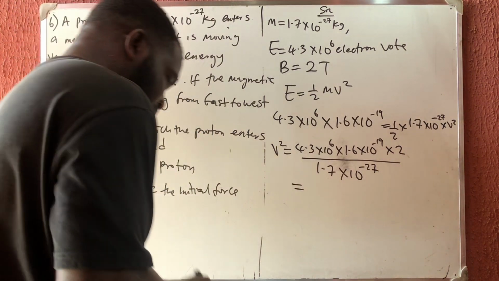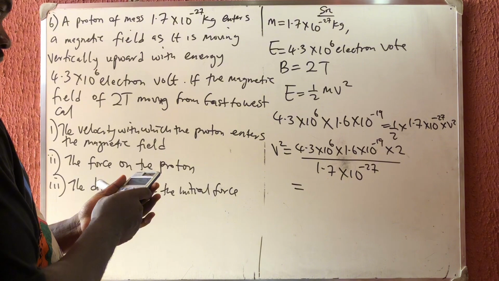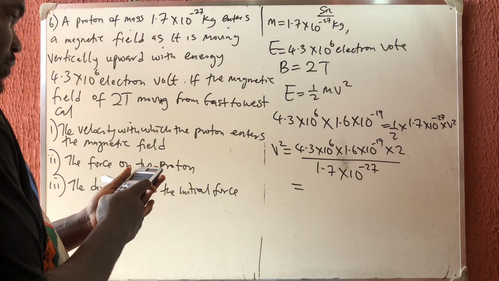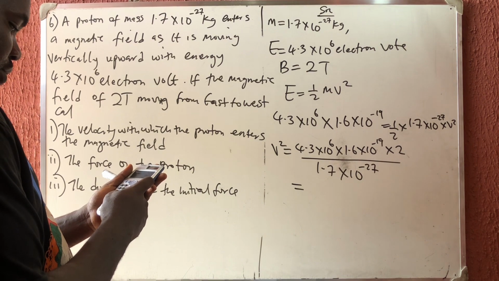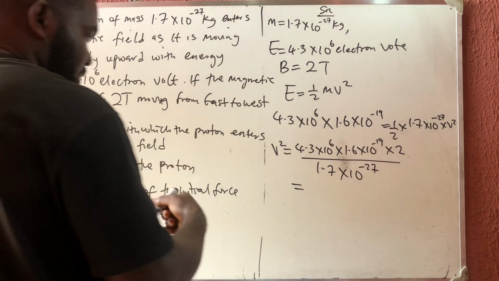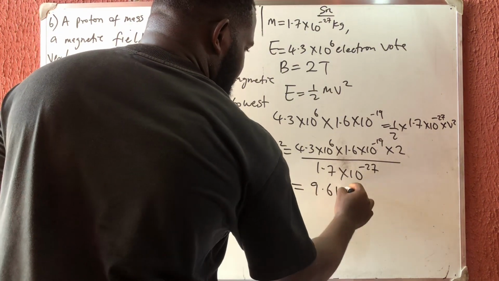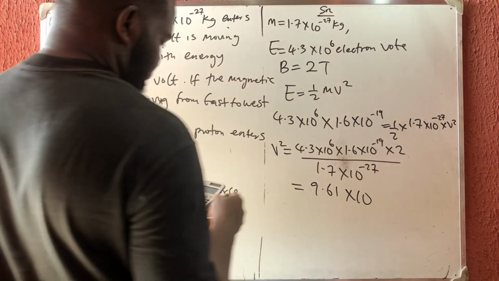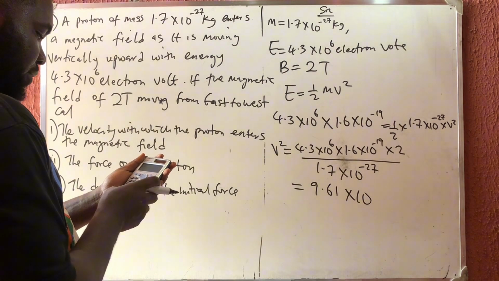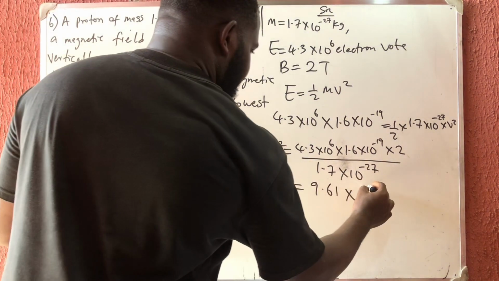So if you do that, I'm going to have 4.3 times 1.6 times 2, then divided by 1.7. Okay, I'm having 9.61 times 10 raised to the power 6 minus 19 plus 27, which is giving me 14.